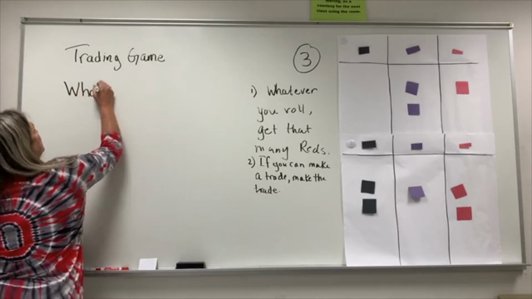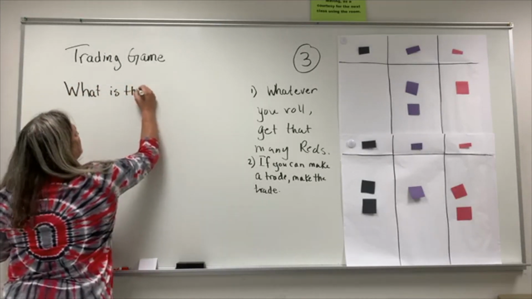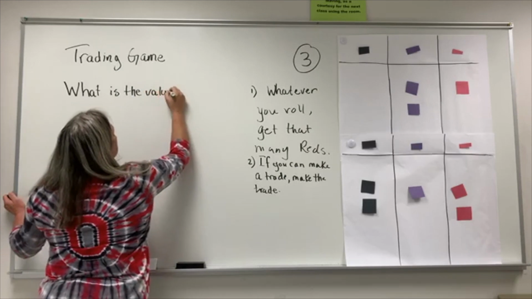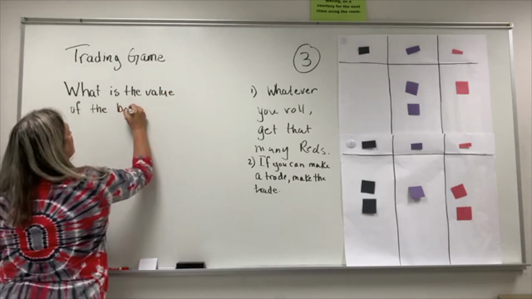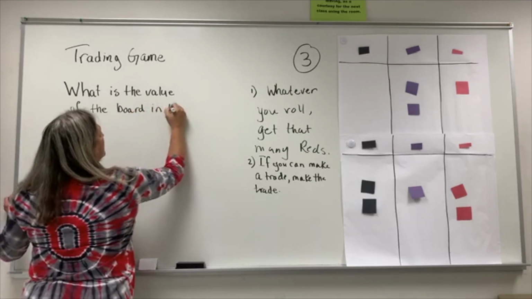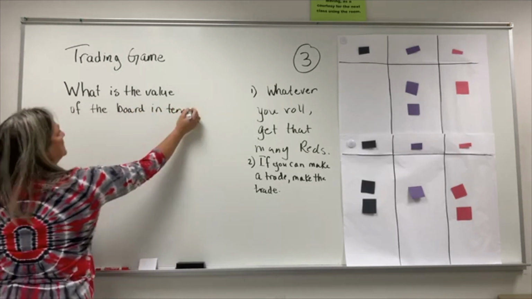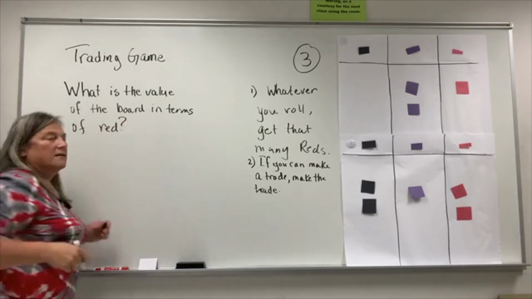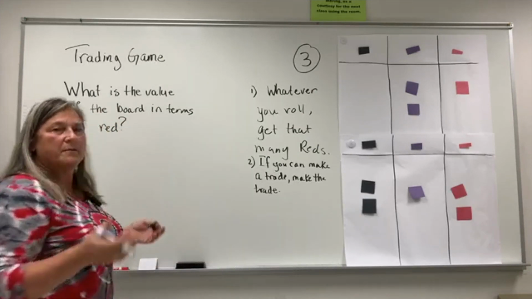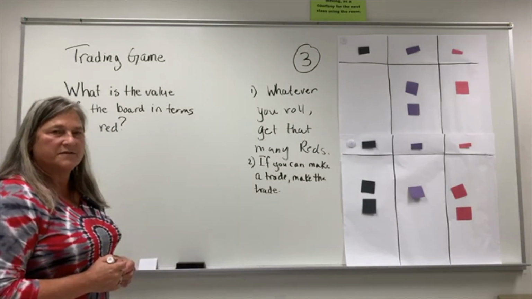What is the value of the board in terms of red? And all that means is if we switched them all back to red, what would the board's value be?